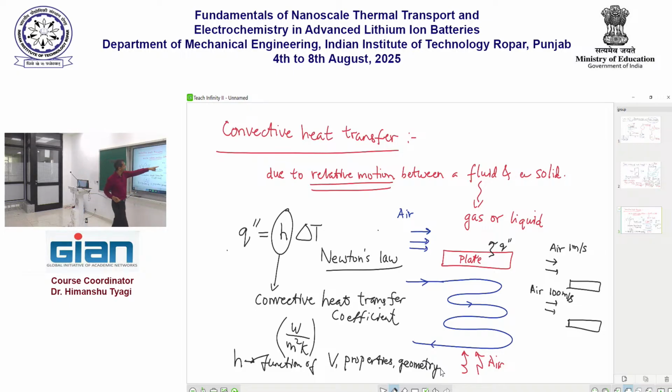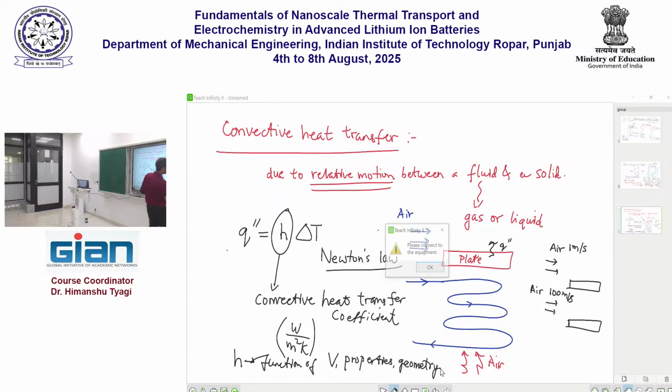The nature of this fluid also makes a difference. Whether you blow air over this solid or you blow water over this solid also makes a difference in how fast this solid is going to cool down. Because of its properties, water will be able to remove a lot more heat compared to just plain air. And finally, the geometry of this plate also makes a big difference.